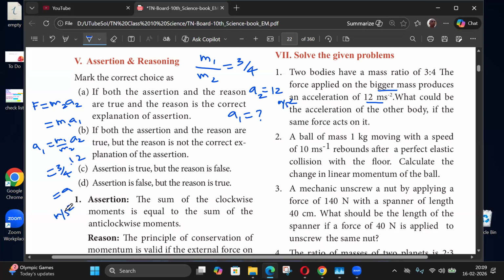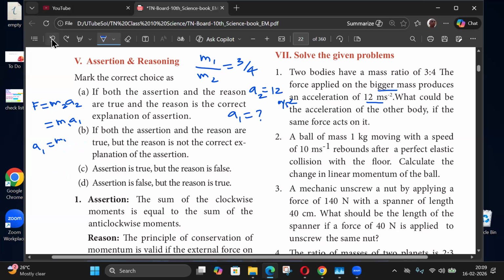What did you get? Sir, for A1, I get 16, sir. No, no. Oh, sorry, sorry. Did I make a mistake? Same force acting on the small one, A1 should be bigger. I'm sorry, I made a mistake here. See, it should be M2 by M1. Yeah, I think you're correct. The smaller mass will move fast. Acceleration should be more for the smaller mass.